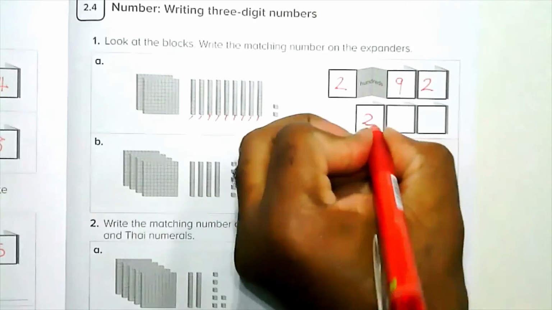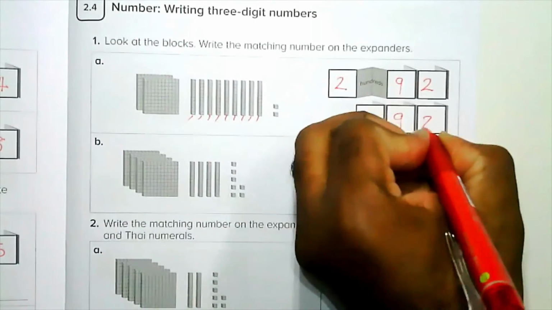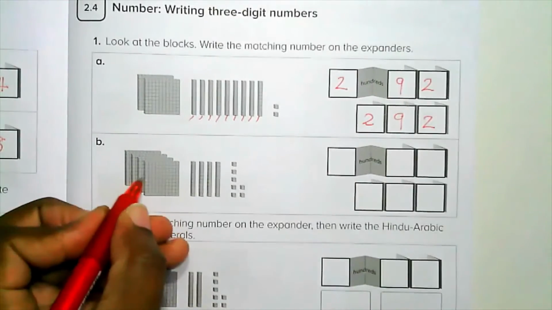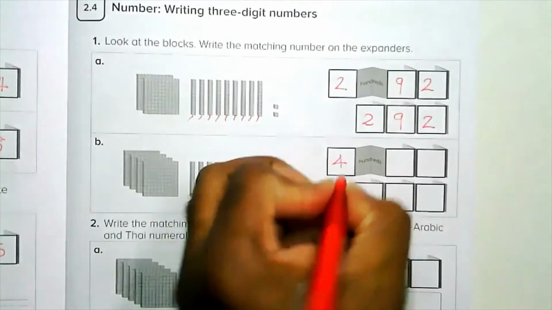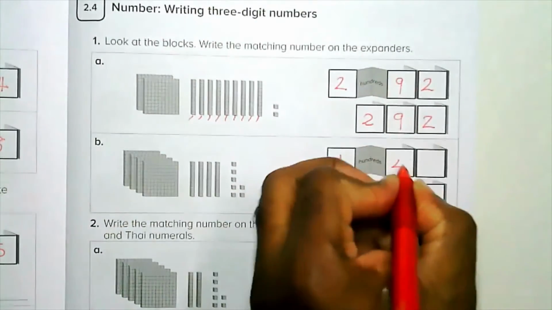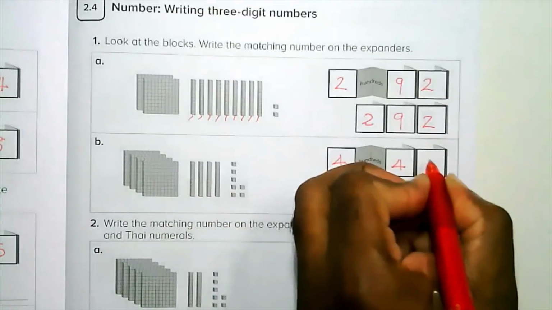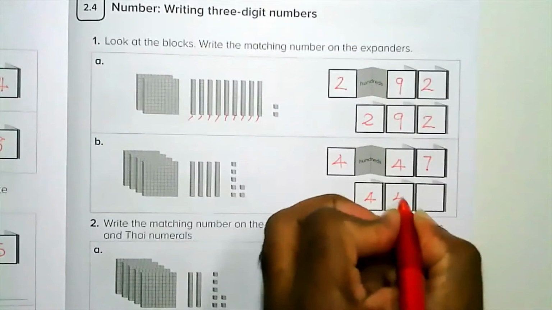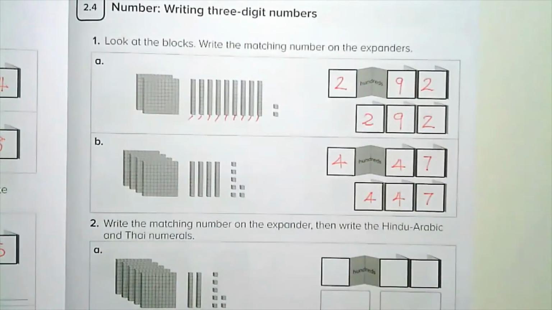So we have 292. Part B, we have 4 hundreds, 4 tens, 7 ones. So we write it as 447.